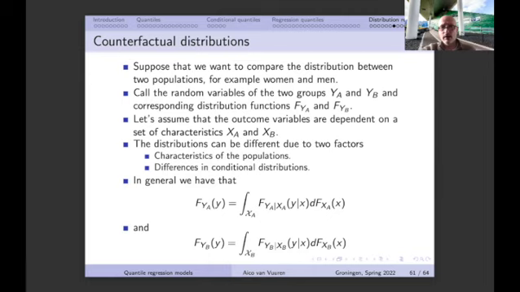To come back to the example that we had before with respect to the wages of women and men, we should realize that in most Western economies these days, it is the case that women are higher educated than men.